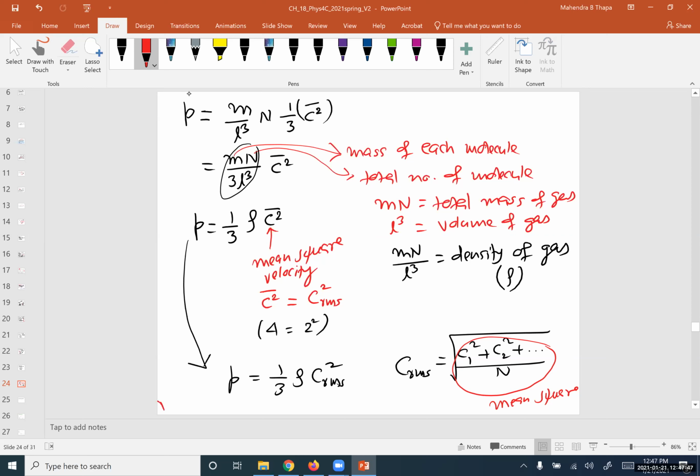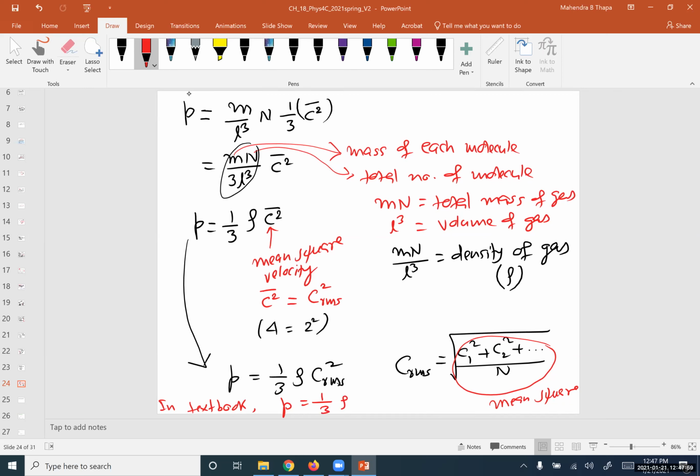In some textbooks, they use a different symbol. We can write P equals 1 over 3 rho c RMS squared. So basically, they are the same thing. The concept is similar. Let's move further to explain some of the terms over here after getting the final product. So this is our final product.